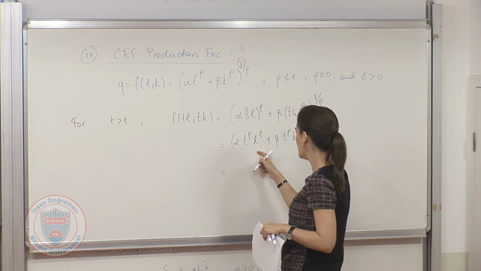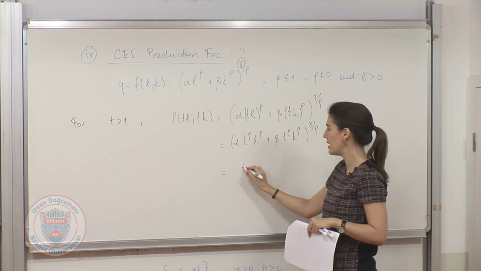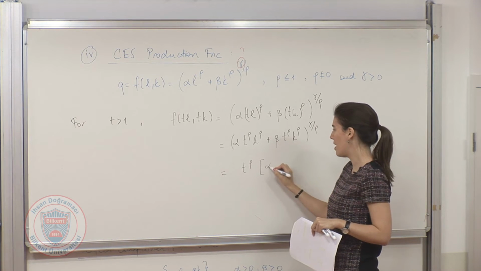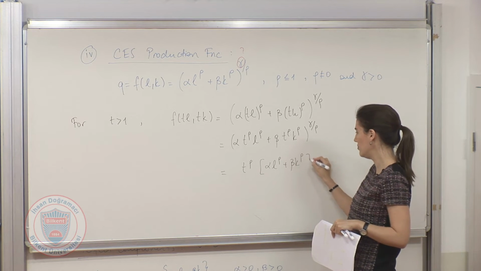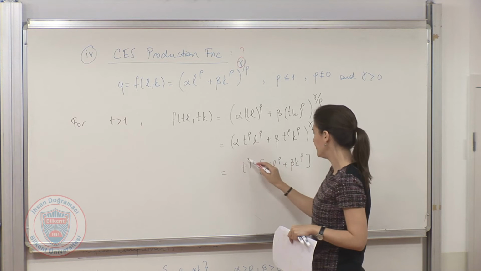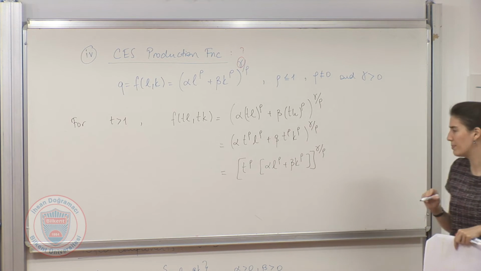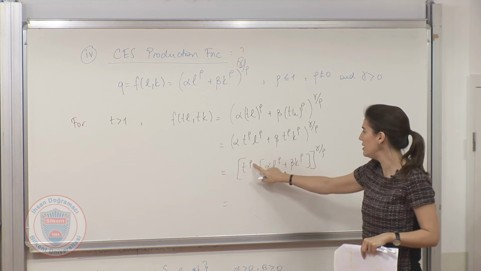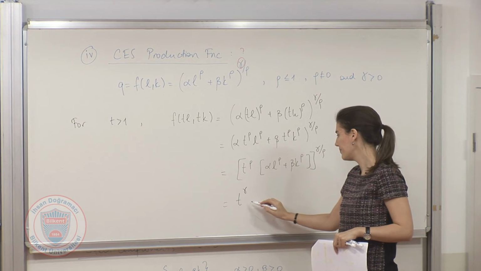Now from here, there's t to the power rho, so I'm going to take this out in front of the parenthesis: t to the power rho times alpha L to the power rho, beta K to the power rho. Now I'm going to have gamma divided by rho. Now this rho and this will go away, t to the power gamma, right?